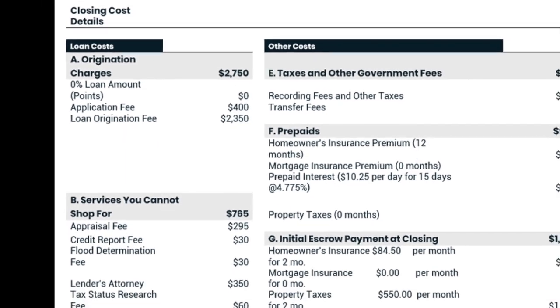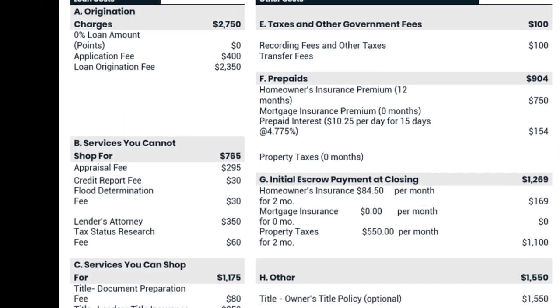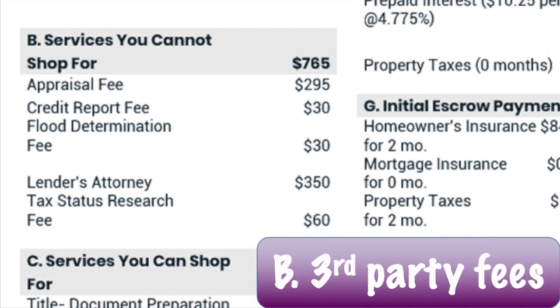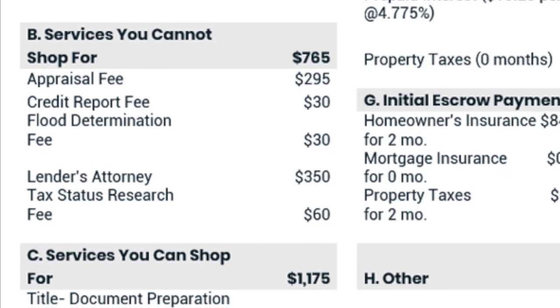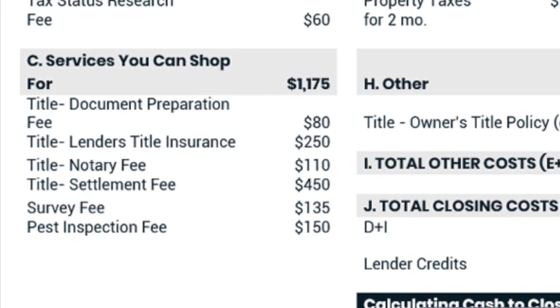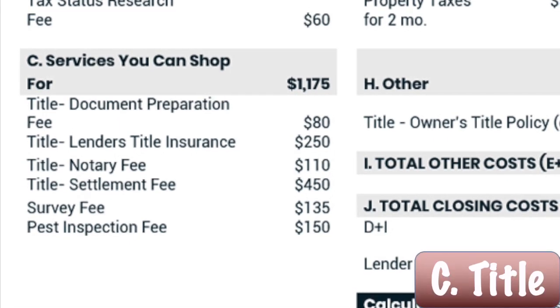Now, Part B, services you cannot shop for, are fees that the bank will have to pay to third parties for making this loan happen. They pass these fees on to you. You don't get a say in who they work with. That's why these are services you cannot shop for. Now, Part C is labeled services you can shop for, which is not a lie, but it's not really true for the buyer.